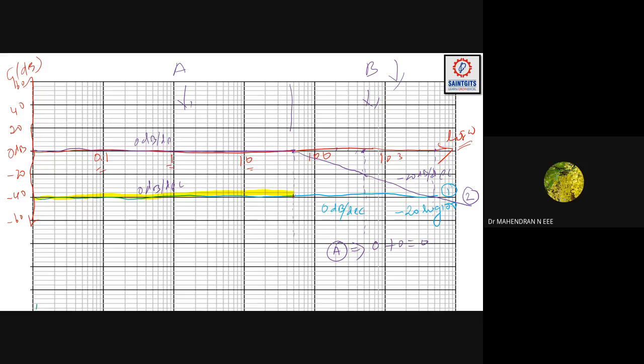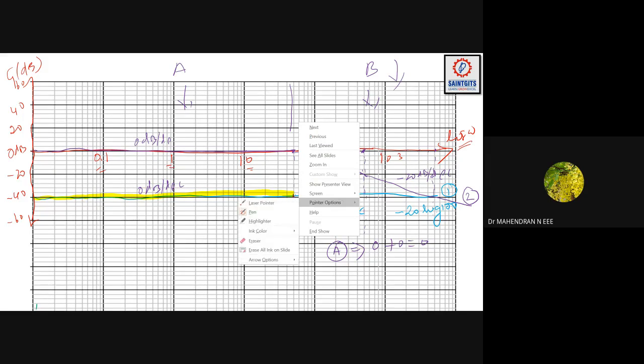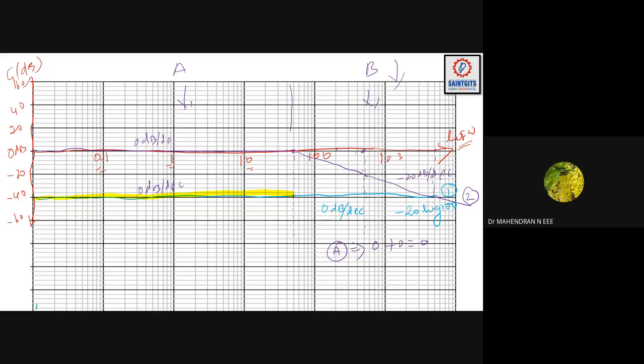Then after this, it will simply go another 20 dB, so it will be like this. Here it is 0 dB per decade, and here it is minus 20 dB per decade. If these two are added, then at each magnitude minus 20 dB will be added, so the curve will be shifted like this.